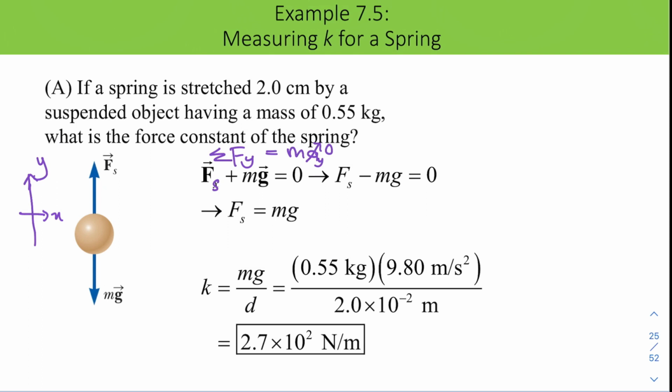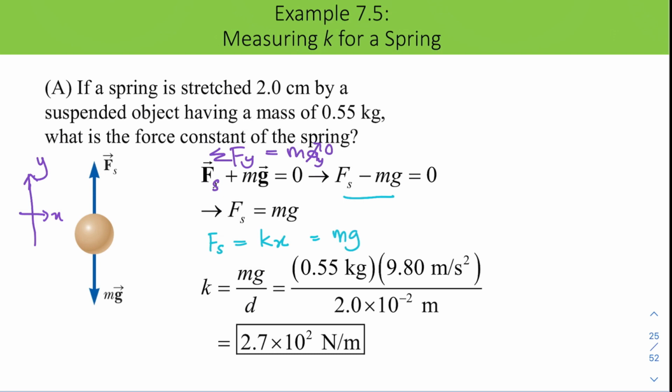Then Fs itself is equivalent to kx in terms of magnitude. The direction is already considered within this part. So kx is equivalent to mg. Let's rearrange.